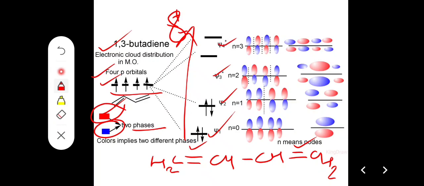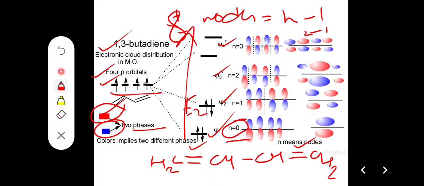For the first energy level, the number of nodes is n minus 1, so 1 minus 1 gives 0 nodes. Nodes always have the value n minus 1. For E2, 2 minus 1 gives 1 node.